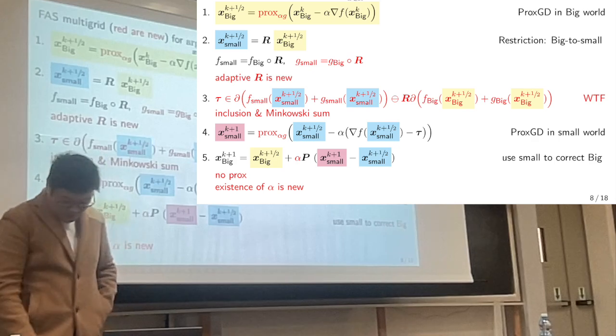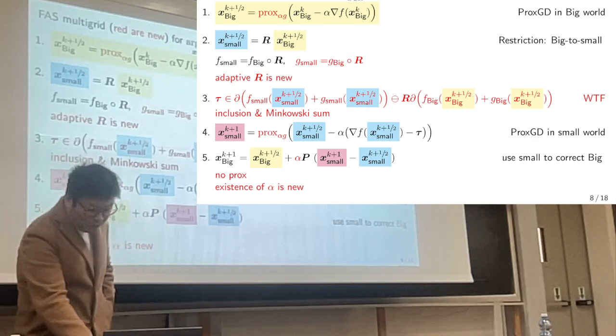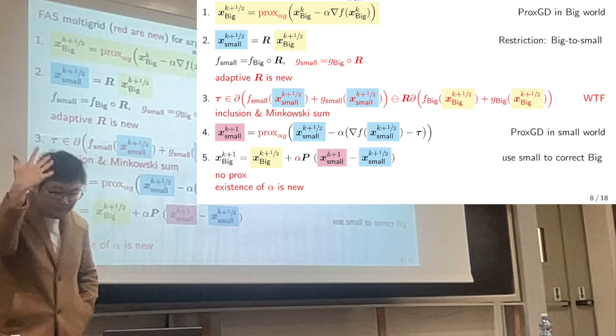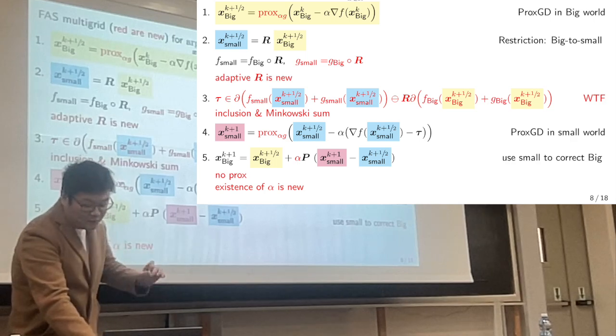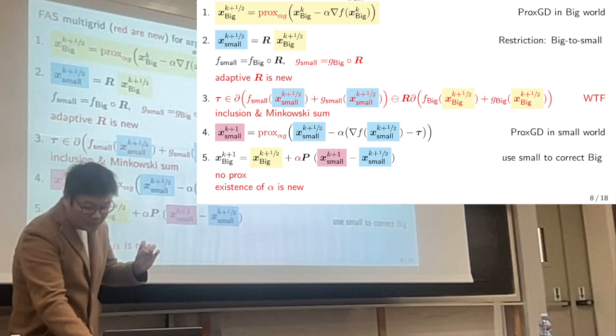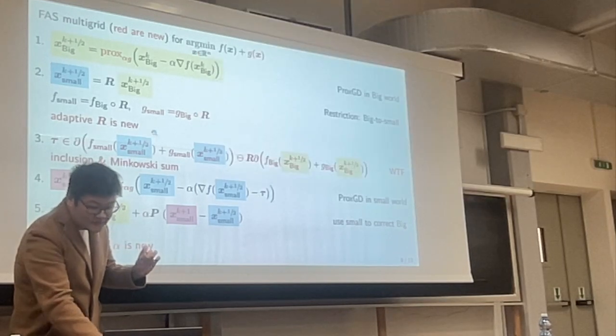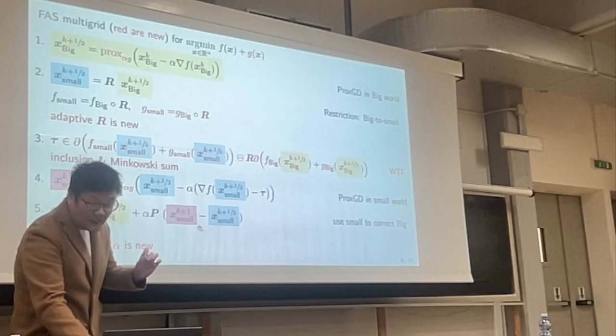Lastly, I have something obtained for the small world, but all I want is the big world. So I add my small world here after the update under the influence of my big world, and then add it back to this one coming from here. Okay, blue is blue. This gives me a direction.